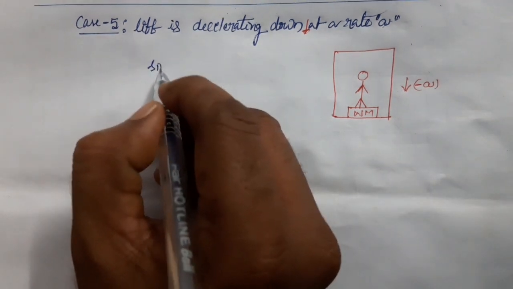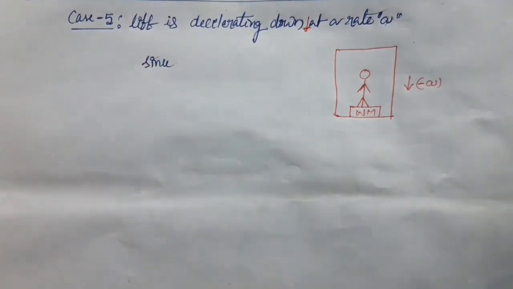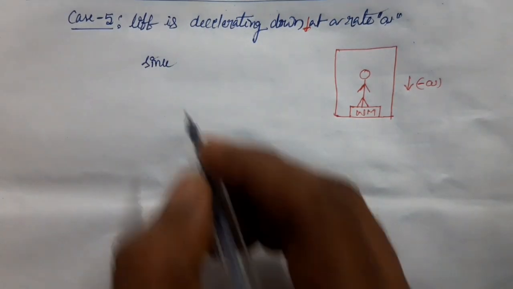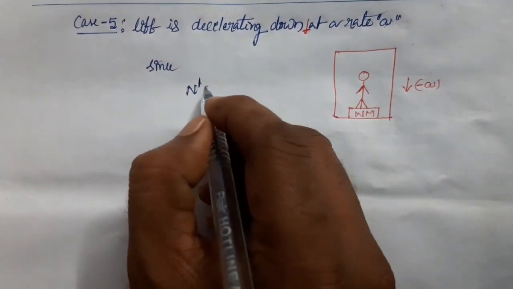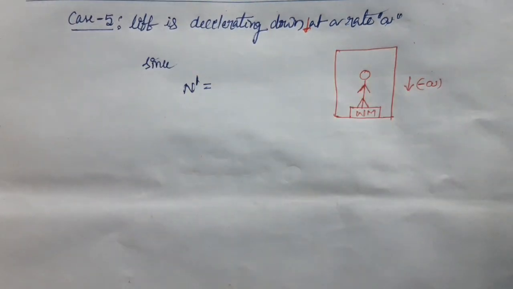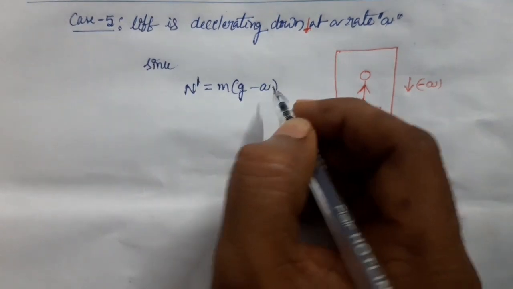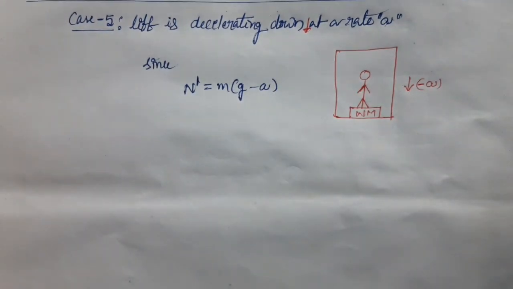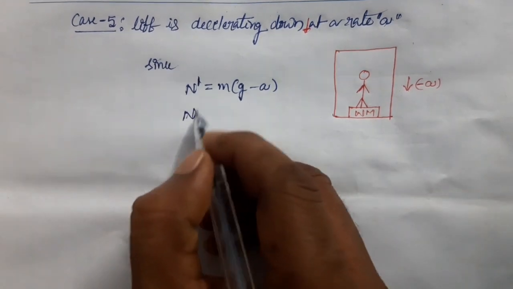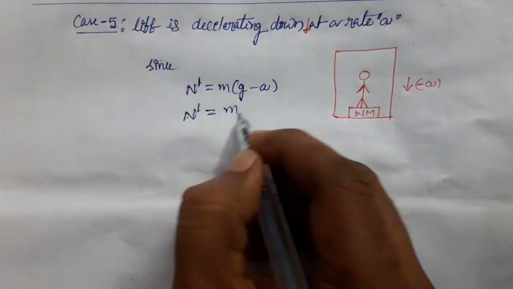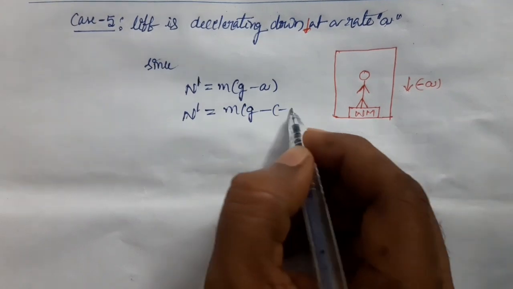Since from the relation we know that when the lift is moving in the downward direction, at that time we can calculate the normal reaction n is equal to m of g minus a. Already explained this in case 3, students. From this, a can be substituted here. N dash is equal to m of g minus of minus a, students.